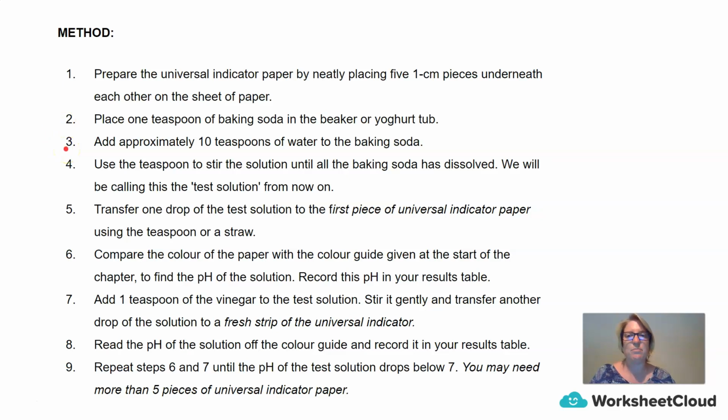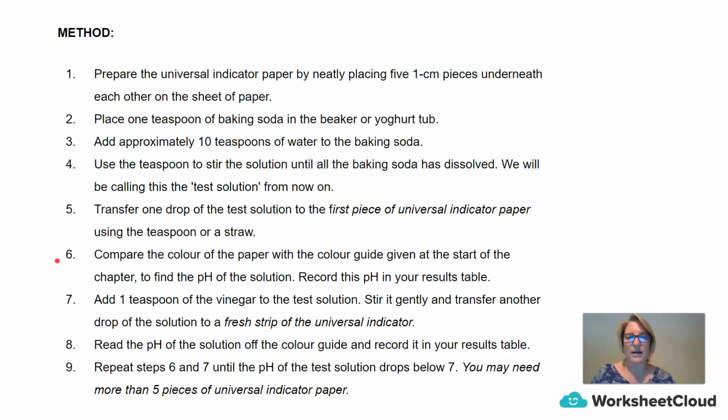And then you're going to add approximately 10 spoons of water. Use a teaspoon to stir the solution until all the baking soda has dissolved. And that is going to be known as your test solution. And then you're going to take 1 drop of this test solution and test it with the indicator. And you can get 1 drop either by using a little drop on a teaspoon or a straw, or I know you'll make a plan.